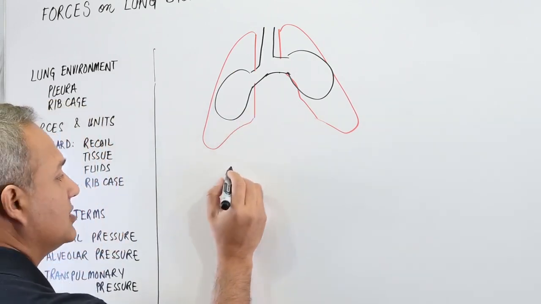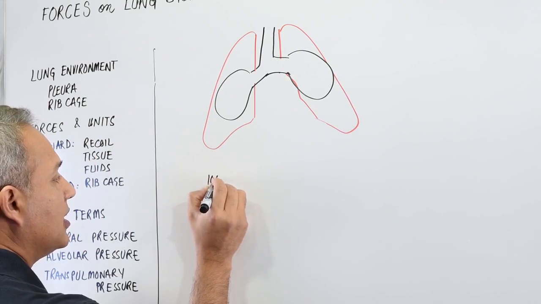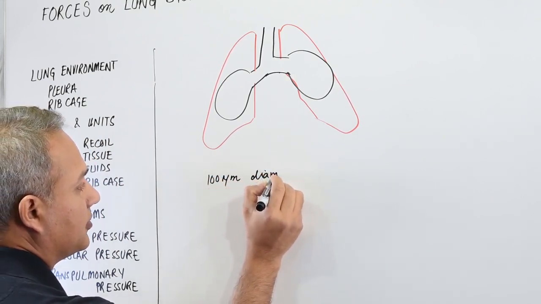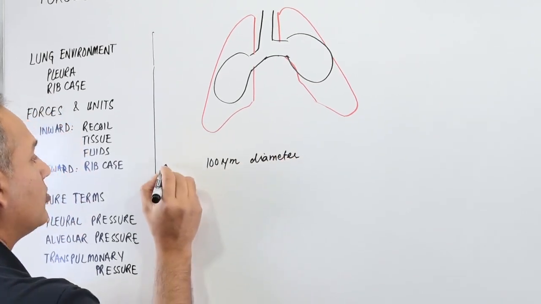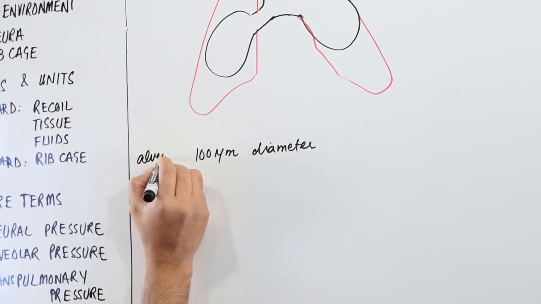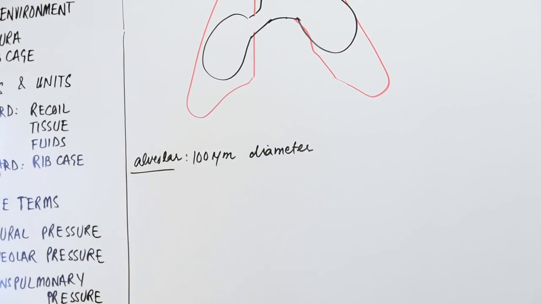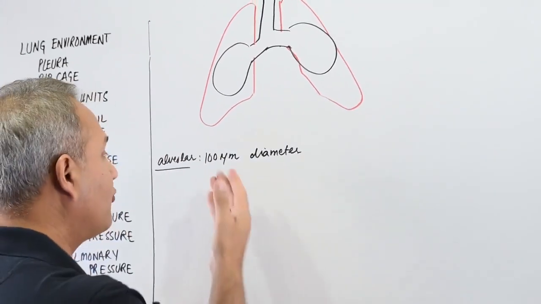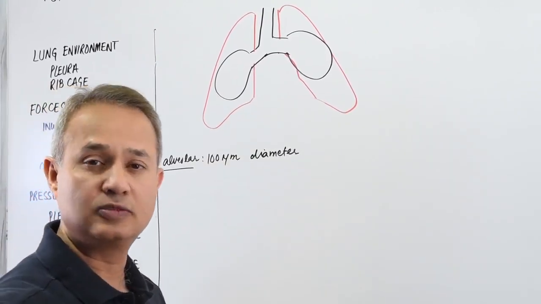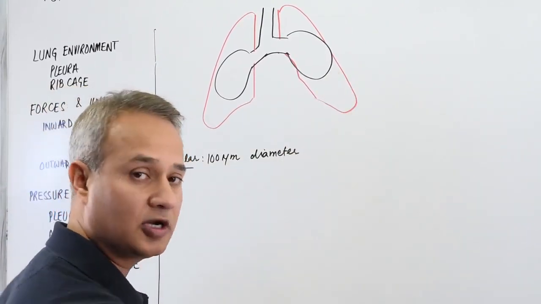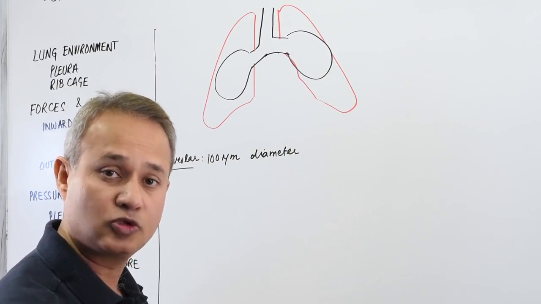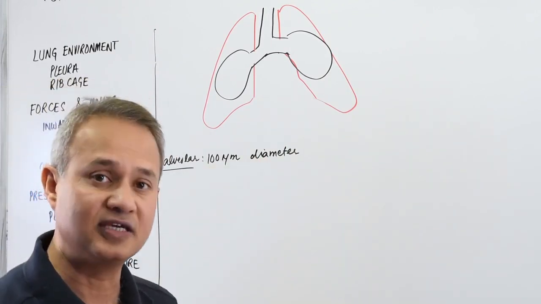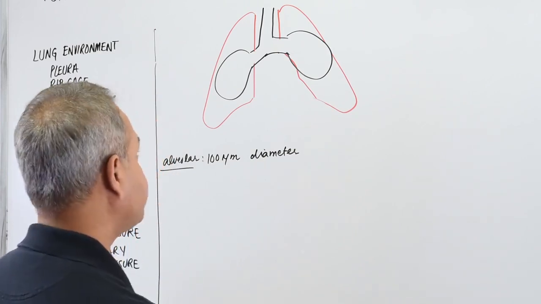Remember that an alveolus is normally about 100 micrometers in diameter. That is the normal alveolar diameter. In smaller children or premature babies, of course, this size is smaller. Keep this in mind, because when we talk about premature babies or atelectasis, this diameter, or this radius, is something that is going to reduce.